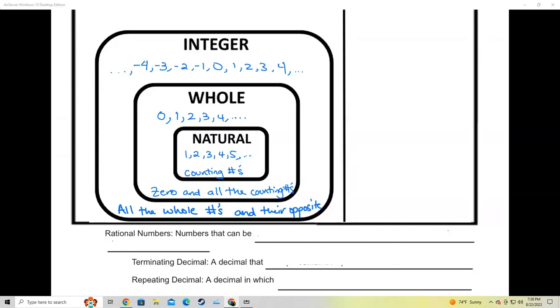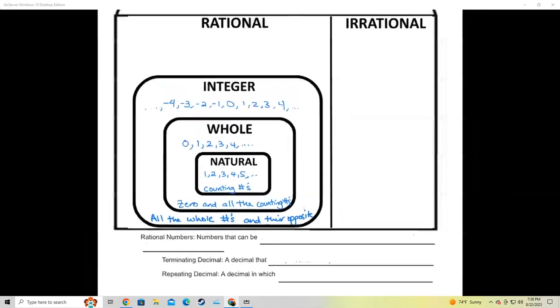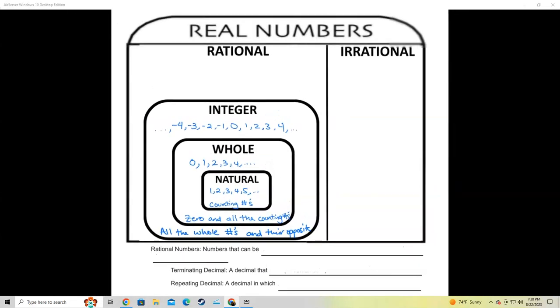Just like before, anything that is a whole number is automatically an integer. For example, the number 4 is a natural number, and since it's natural, it's a whole number, and since it's a whole number, it's an integer. So we can go up, we just can't go down on the list, because a negative 4 is not a whole number. It's an integer, but it's not a whole number, so it goes one direction only. Okay, so those are the easy numbers to categorize.